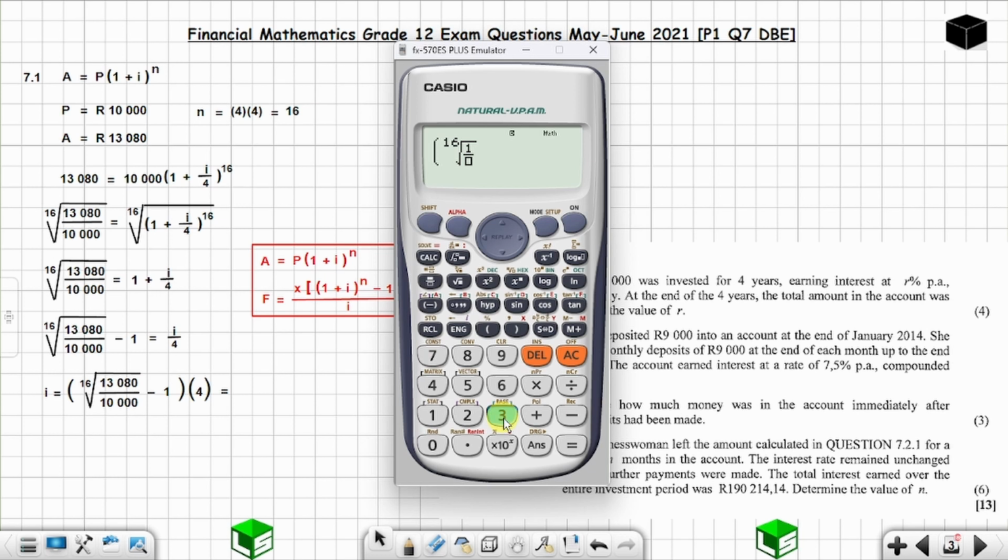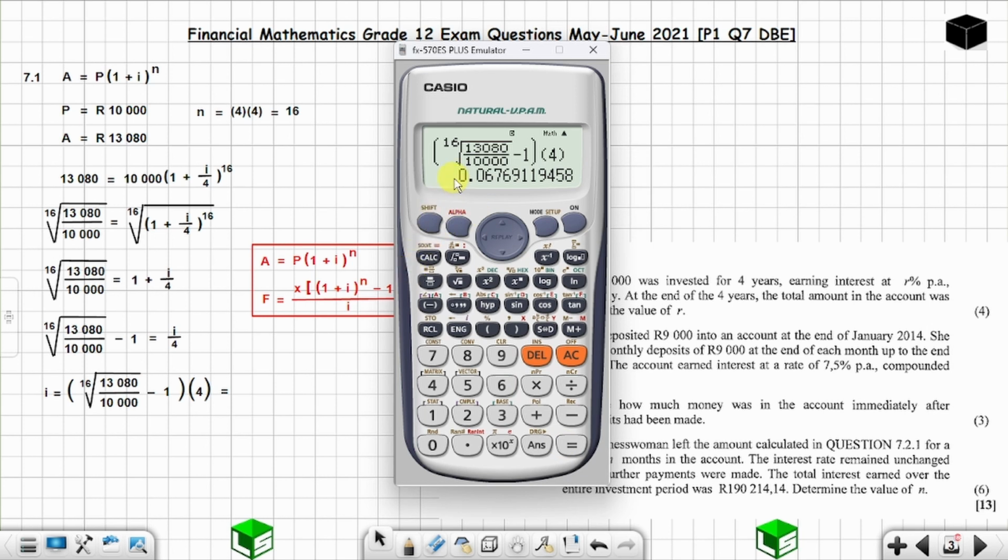I've got this 0.80 over 10,000. Minus 1. Okay, minus 1 is not inside the root sign. You can see that. You close the bracket. You multiply by 4.